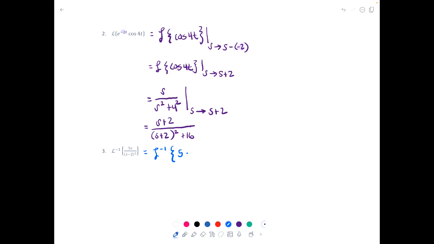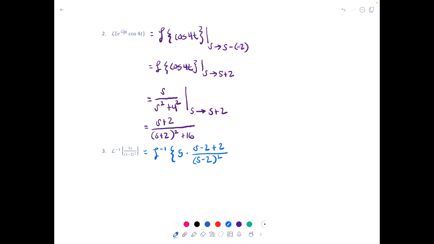Now, I'm looking at s minus 2, that's probably our s minus a. So couldn't we rewrite s as s minus 2 plus 2? Do you agree that that is still s? Awesome. And then that would be over s minus 2, the quantity squared.